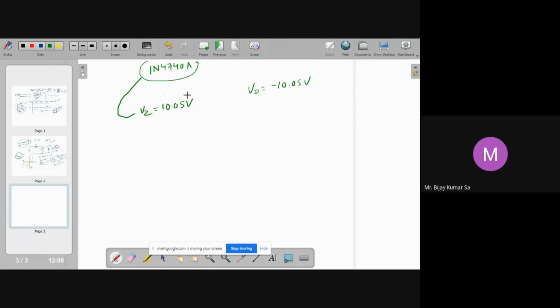The forward knee voltage, not Vd, this is Vt, is given as 0.75 volt. We have already checked it in the specification sheet. Okay, model parameters.